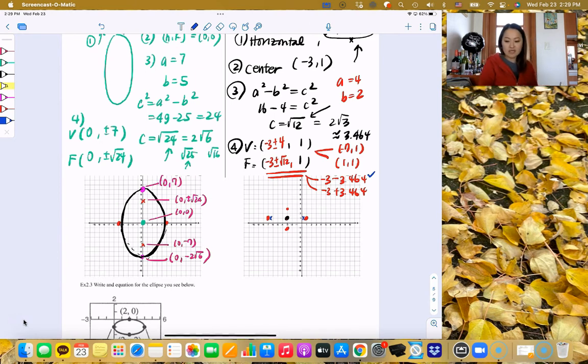Very close to the vertex, okay? And again, it's going to be like this. Okay, you can see how, if the focus is positioned a certain distance away from the center, that affects the graph. I'm going to ask about that later, so keep thinking about that. If it's closer together as opposed to farther apart, I wonder what that tells us, okay?